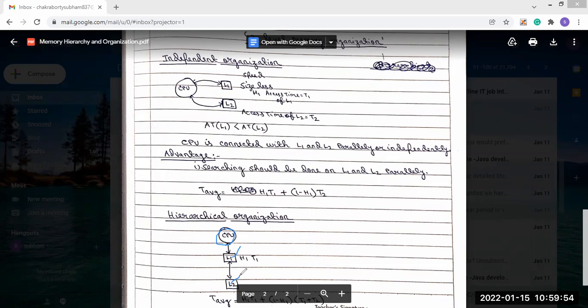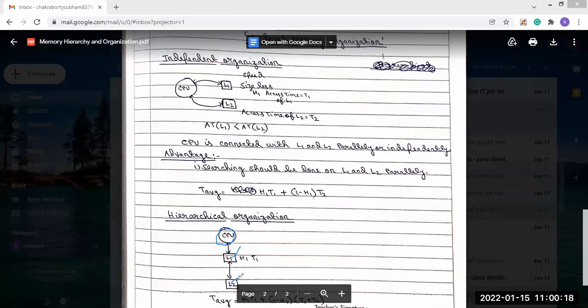The L2 device access time will be more than the L1.